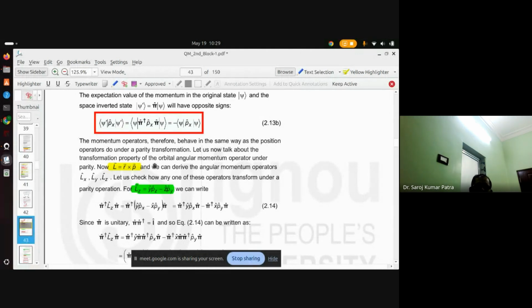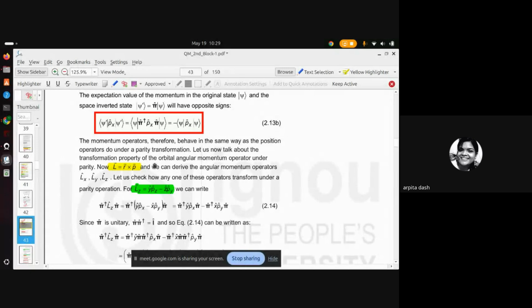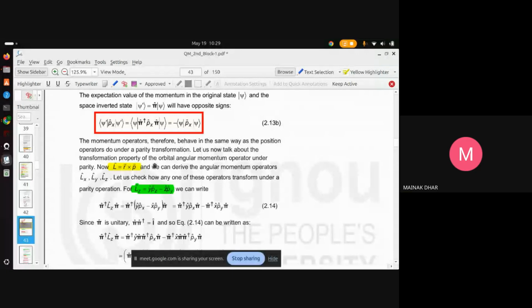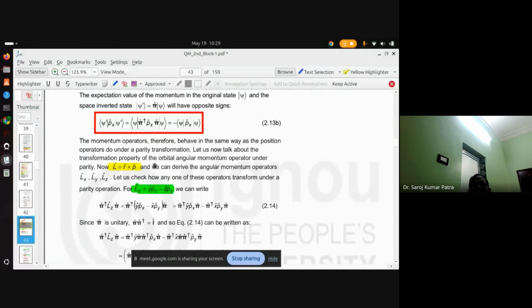L is equal to R cross P. So if you take the cross product, normal cross product rules, I cap, J cap, K cap, X, Y, Z, and Px, Py, Pz. So then from the determinant, you can find out what is the Z component. So the Z component would be Y Pz minus Z Py.